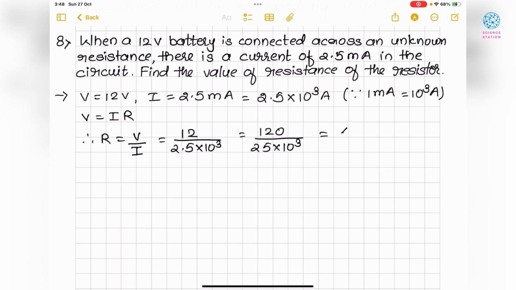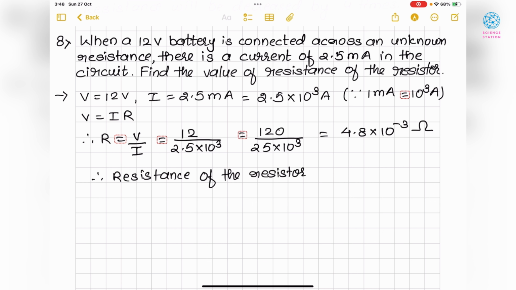So that comes as 4.8 into 10 power 3 ohms. Therefore, the resistance of the resistor is 4.8 into 10 raised to 3 ohms.